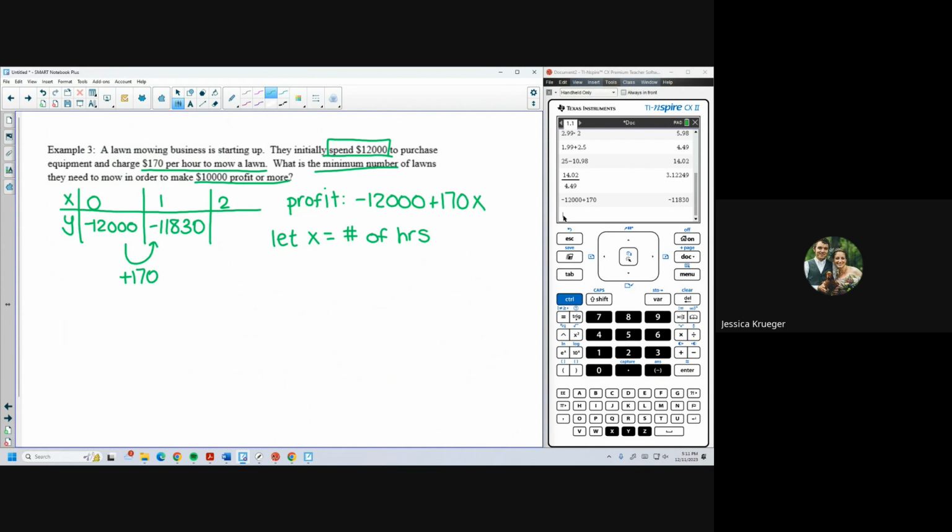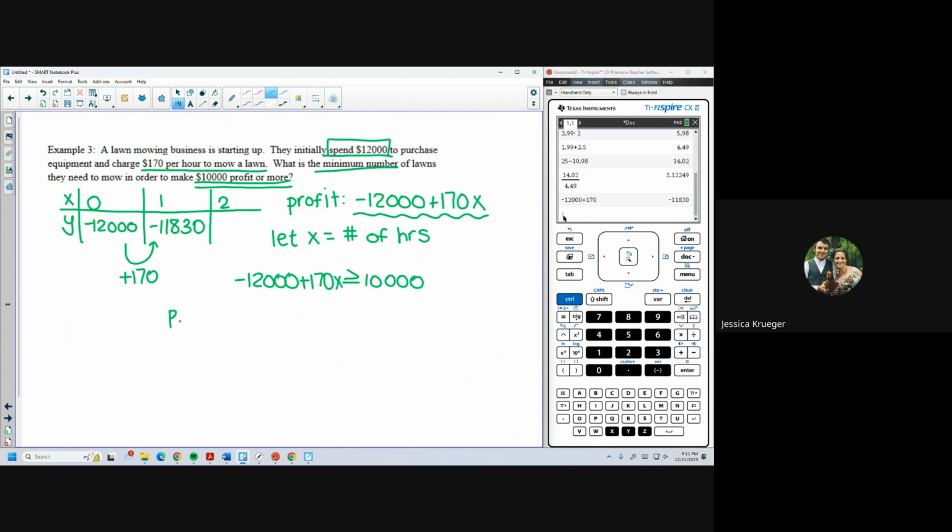If they want to make a profit of 10,000 or more, that means whatever they make needs to be greater than or equal to 10,000. So how do we figure out what their profit is? It's right here, negative 12,000 plus 170x.